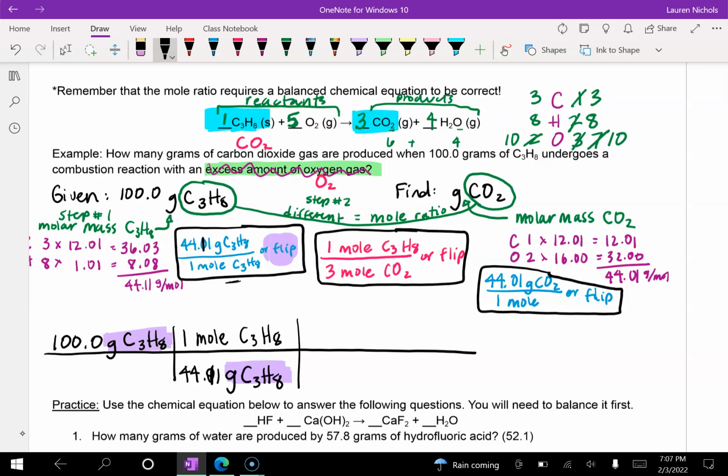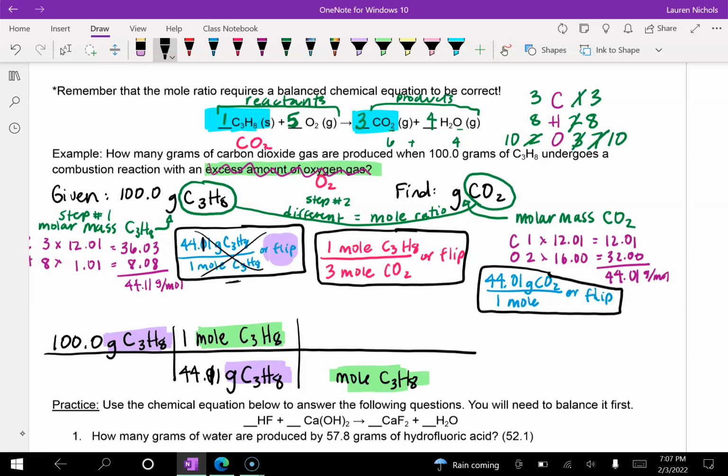And we see that this moles C3H8 does not match what we're looking for, so we're going to have to try to also get rid of that. So we have moles of C3H8 here. That goes on the bottom. Now, here's the key step. We've already used our molar mass, so we're not going to use it again.